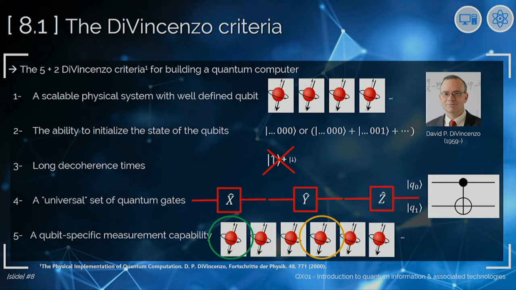And the fifth criterion is that you should have qubit-specific measurement capability. What it means is that if you have a series of qubits, 1, 2, 3, 4, 5, and so on, you should be able to manipulate and measure this one, or this one, or this one. So you should be able to say, I want to address qubit number 1, or qubit number 5, or qubit number 126.